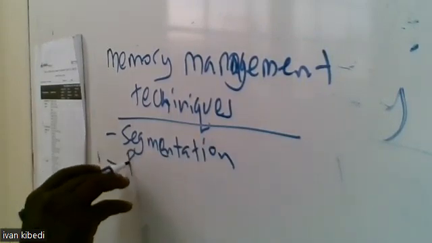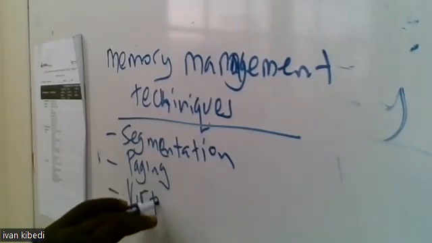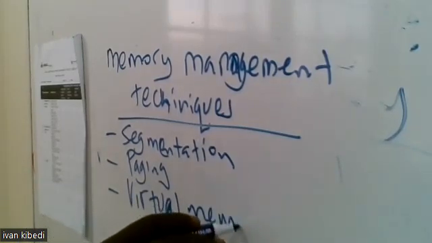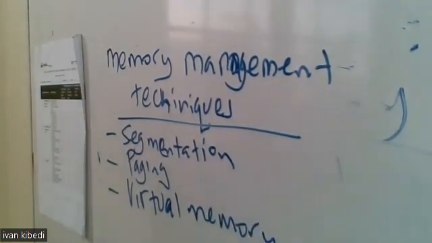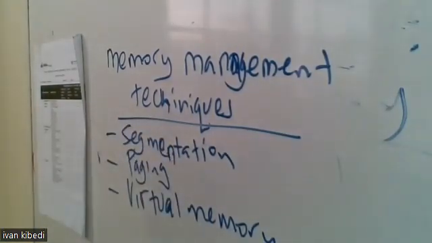We have called paging. We have called virtual memory. So these are techniques that the operating system uses: segmentation, paging, and virtual memory when managing how the computer memory is used.